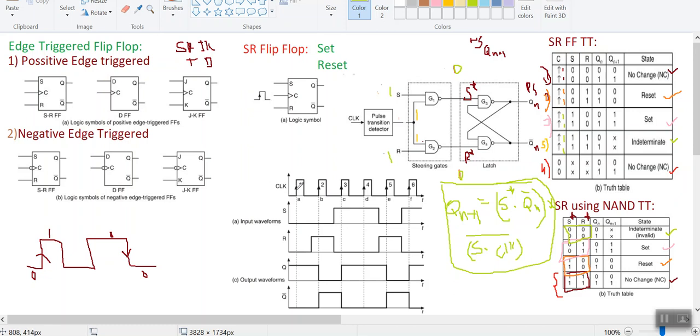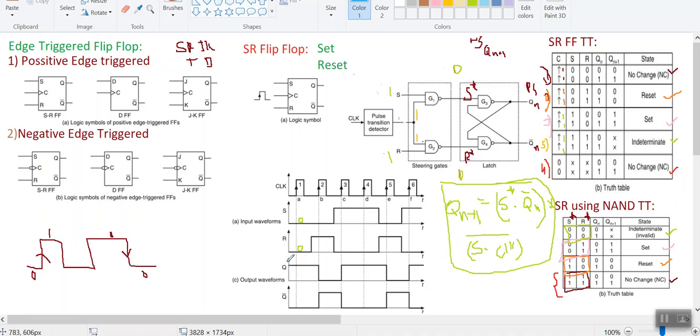In this place my S value is equal to 0 and R value is also equal to 0. You can understand this from the truth table: S is equal to 0, R is equal to 0, clock is equal to 1. What is happening? No change state is occurring.